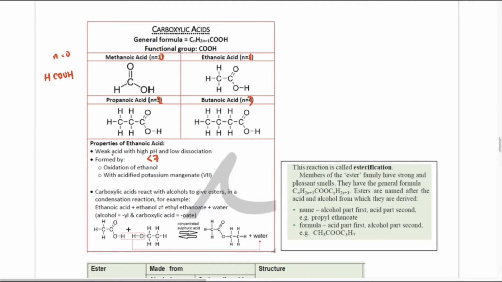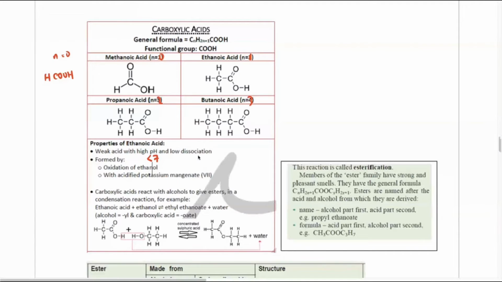Okay, then the other thing is low dissociation. Dissociation is the important property for weak acid. Strong acid dissociates completely. That means they change to ions completely, but weak acid dissociates partially.